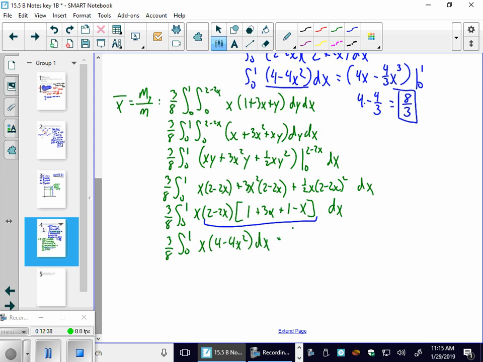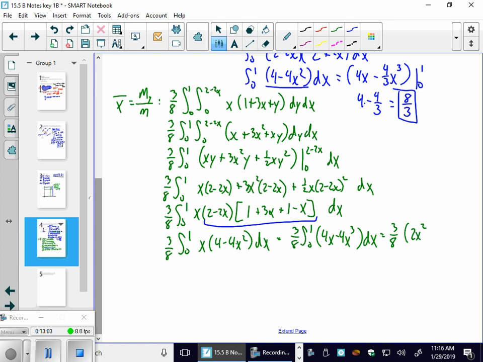So this is going to be 3/8 integral from 0 to 1 of 4x minus 4x cubed, dx. Integrating, the antiderivative of 4x is 2x squared.